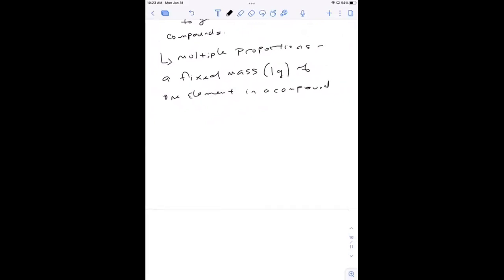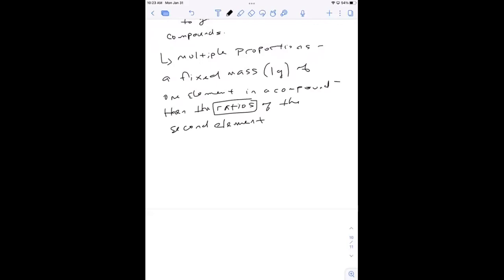So a fixed mass of one element in a compound, then the ratios of the second element. Notice I said ratios in plural because again, you can make more than one compound with the same exact atoms, right?